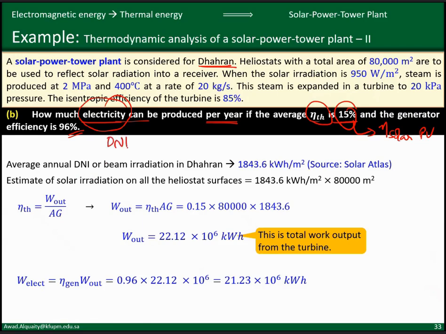You can look at beam radiation or direct normal irradiance (DNI). You could look at diffuse horizontal irradiance (DHI), or you could look at global horizontal irradiance (GHI). All of these are different definitions, and they will be useful for different kinds of solar energy conversion devices.